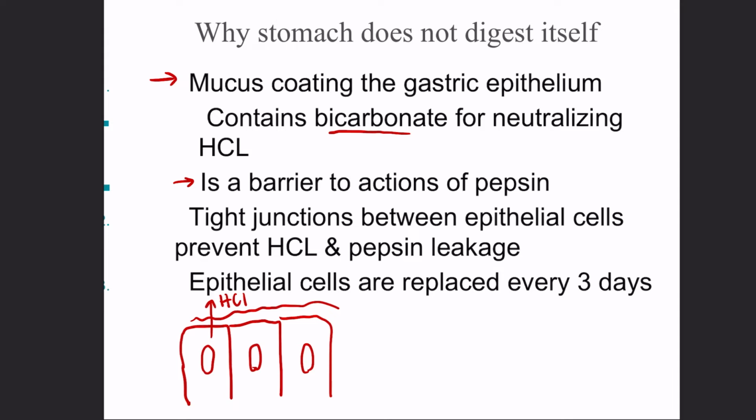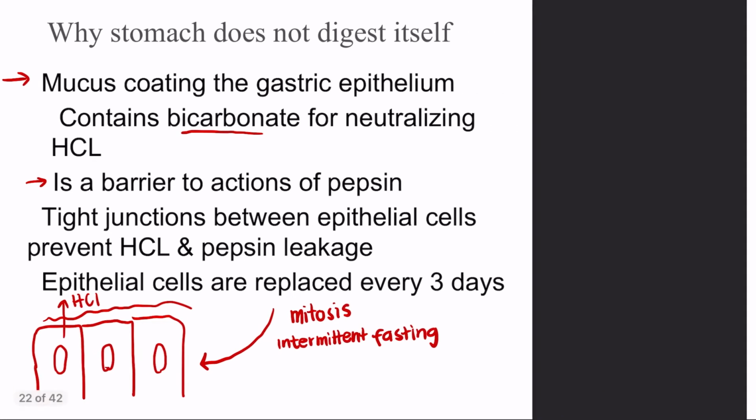And these cells, these are epithelial cells, so they are able to do mitosis a lot, and they replace themselves about every 3 days. And maybe you've heard of intermittent fasting, but one of the reasons behind intermittent fasting is for this renewal of your digestive epithelium.